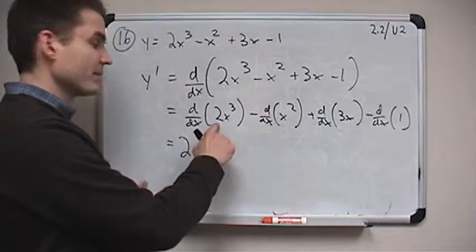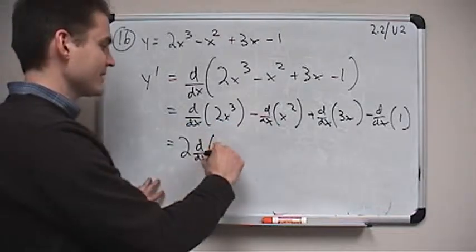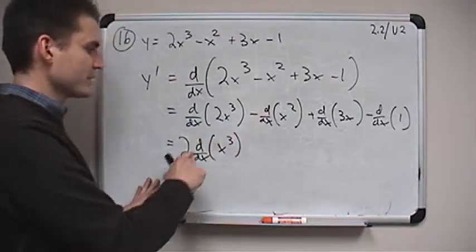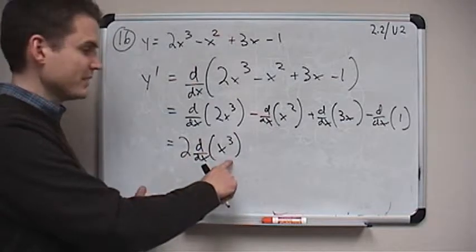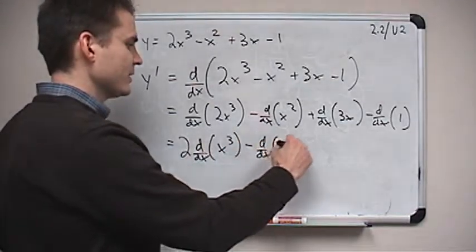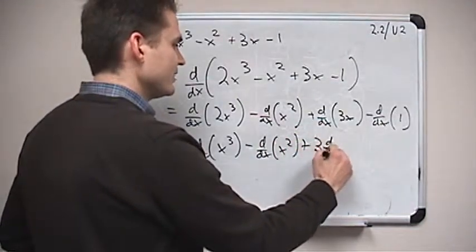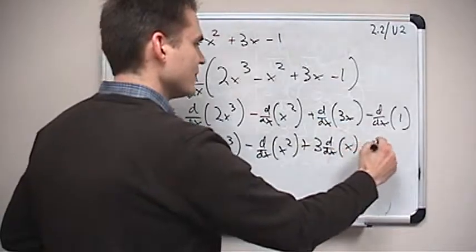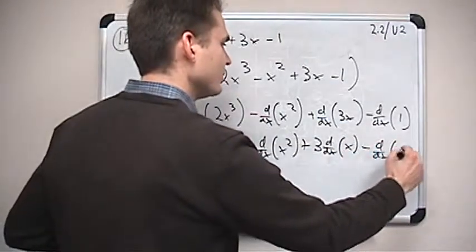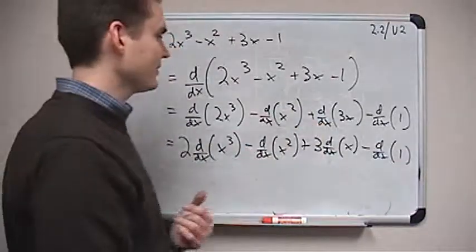If we have a number, a constant, times a function, we can factor the constant outside. So this is going to be 2 times the derivative of x cubed minus the derivative of x squared plus 3 times the derivative of x minus the derivative of 1. And notice I used the constant multiple rule again here to factor out that 3.